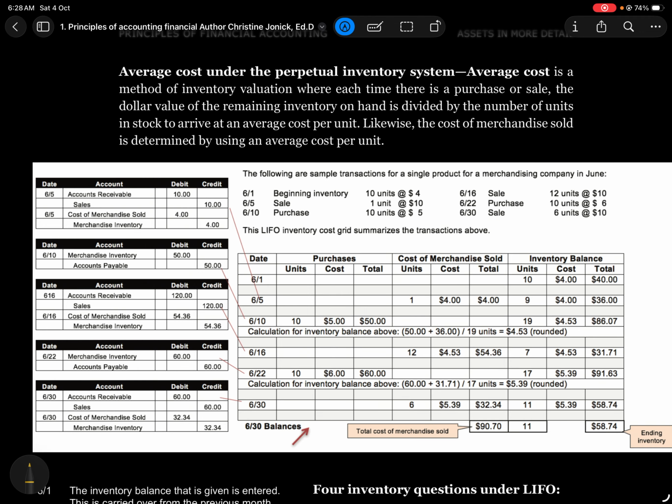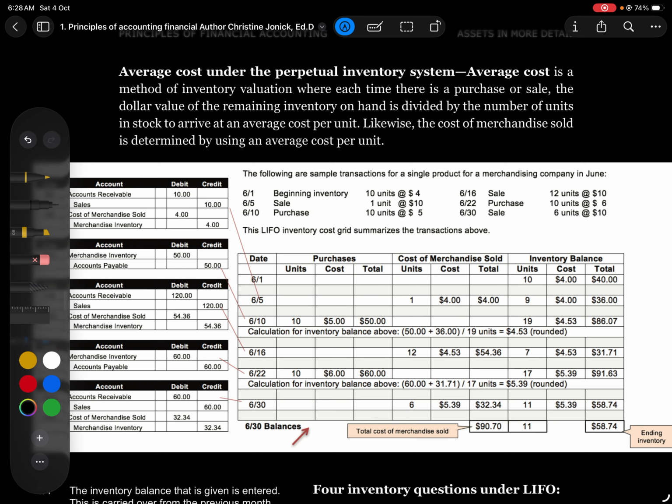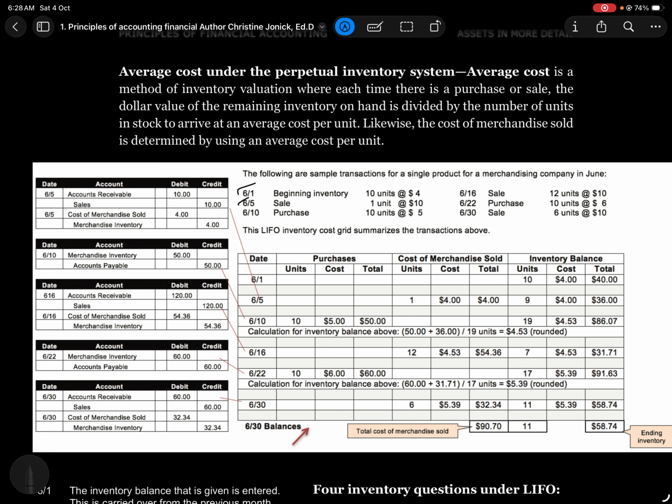Similarly, in average, what would be done is a little bit different. Of course the first and second transactions should be the same as I told you. When we buy something, you don't need to record it in two different lines. You have a balance of 9 at $4, which is 36.